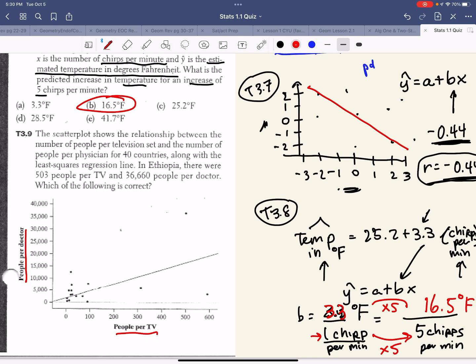Along with the least squared regression line, in Ethiopia, there were 503, so that's how I know that was Ethiopia, and 36,000 people per doctor. Oh my goodness, right? They do not have very good health care. Which of the following would be correct?